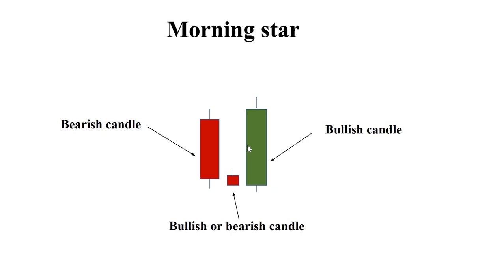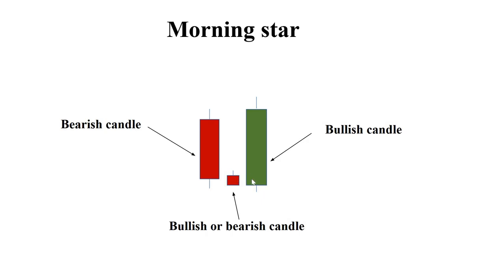Now the morning star candlestick pattern is made up of three different candles. You are going to see a bearish candle. The next candle could be bullish or bearish, but it's going to be a small candle.